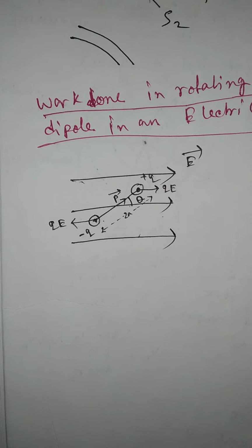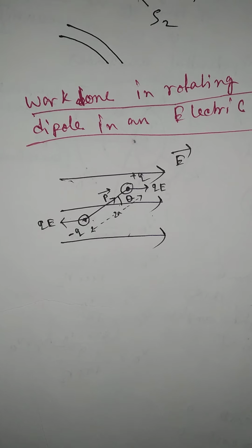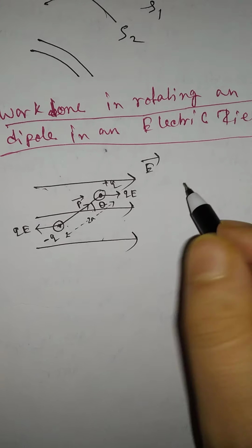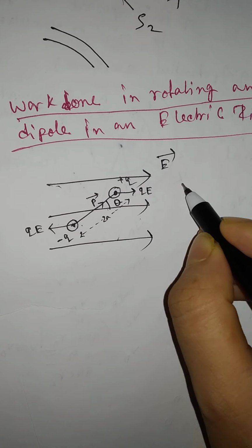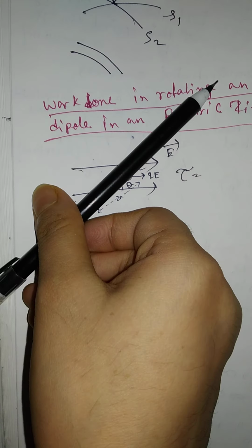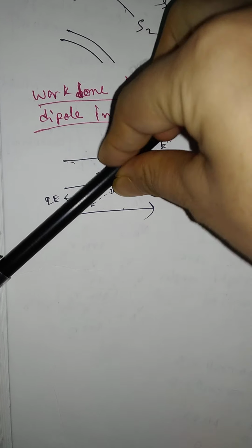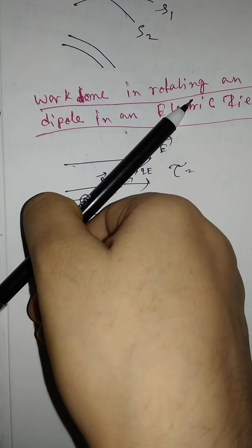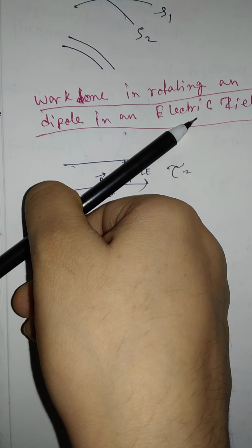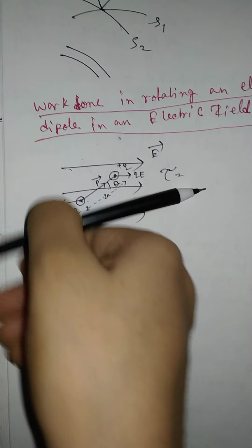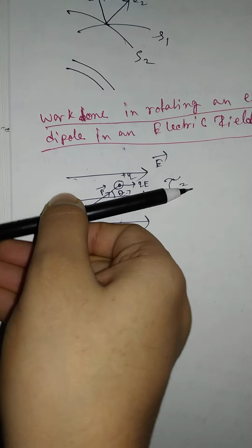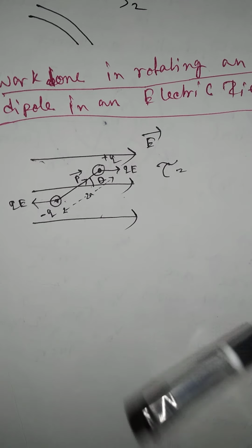That means if we place a dipole in an external electric field, then a couple is acting on this dipole, and we already discussed that the torque is exerted on this dipole. You can see this torque has the tendency to align this dipole along the direction of the electric field, because this torque has the tendency to rotate this dipole along this side.